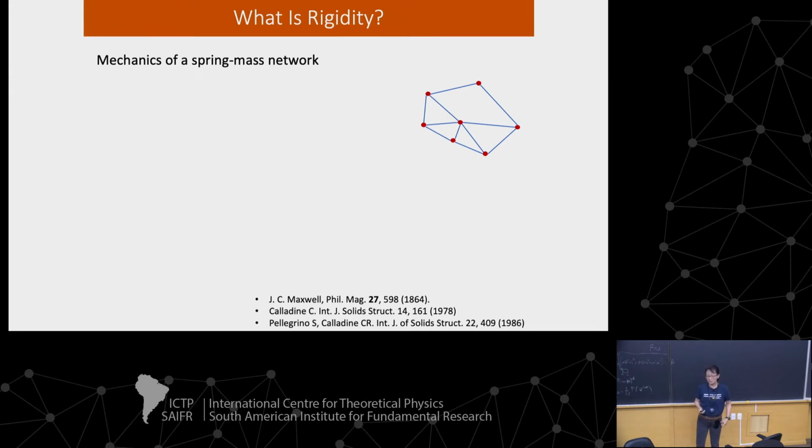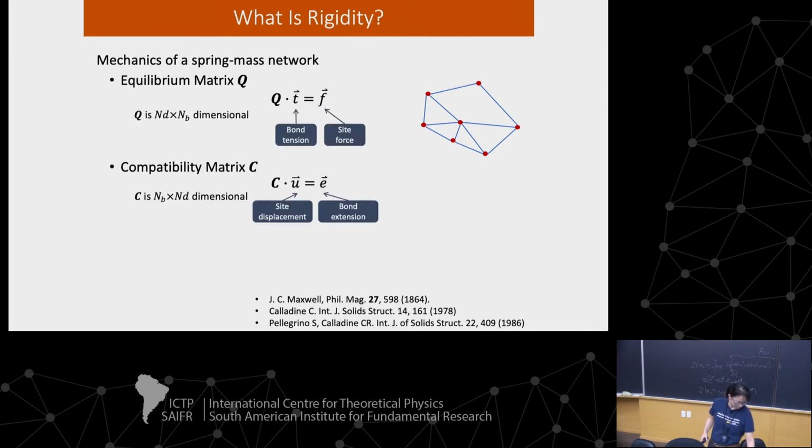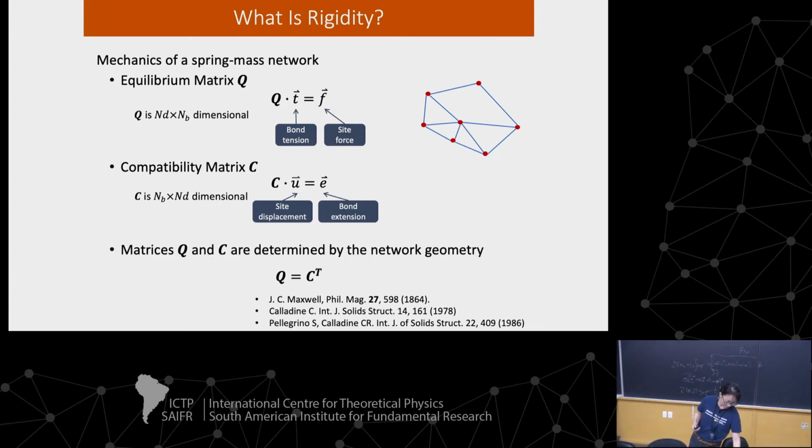So to start, I would like to review a little bit of the basic concepts. Just to remind you, we defined the Q and the C matrices, which I assume you all at this point understand very well. They are transposed to one another, and you can construct the dynamical matrix.